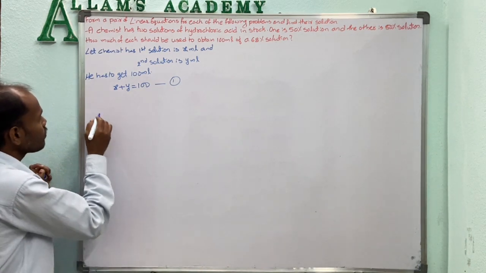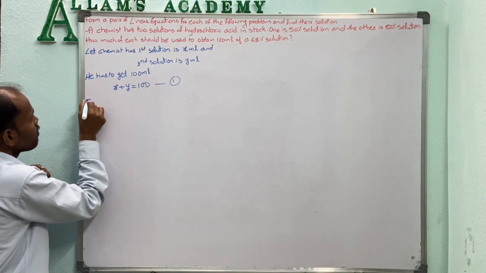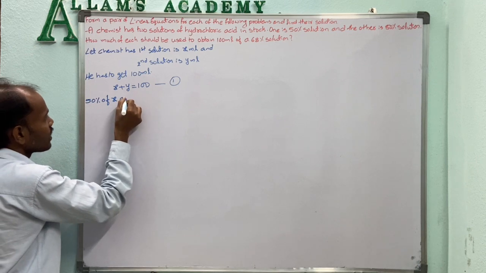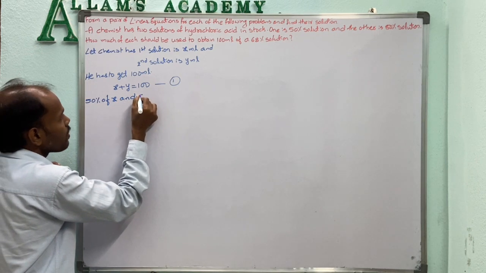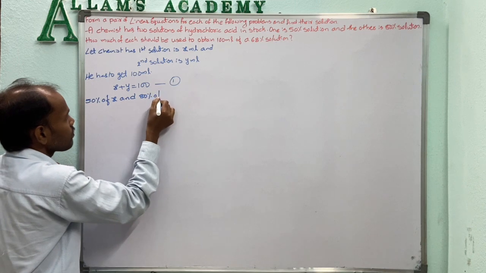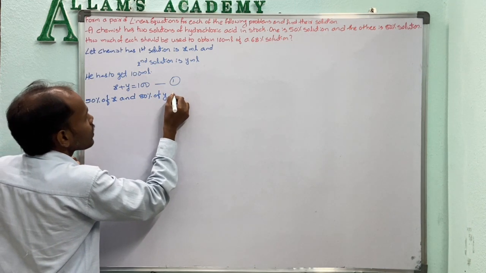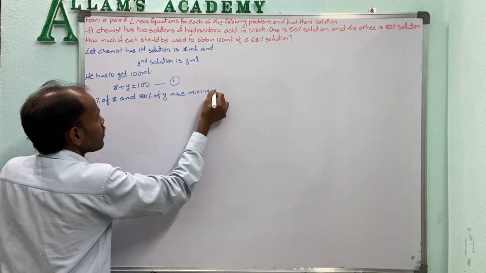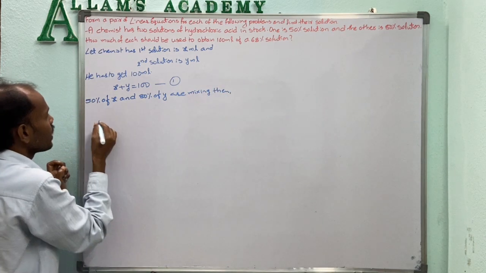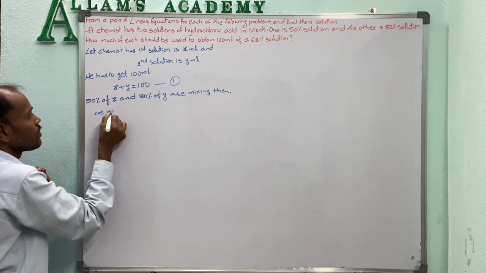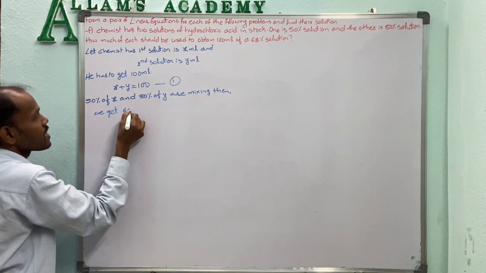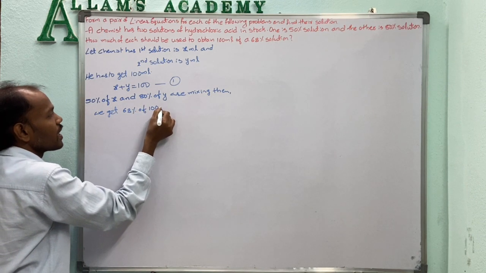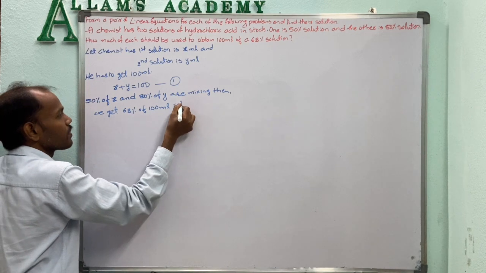So 50% of x and 80% of y are mixing, then we get 68% of 100 milliliters solution.